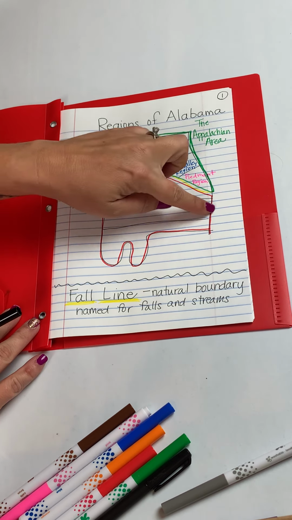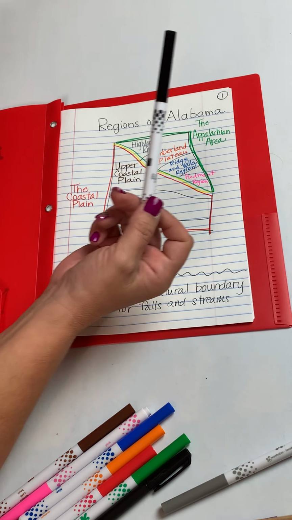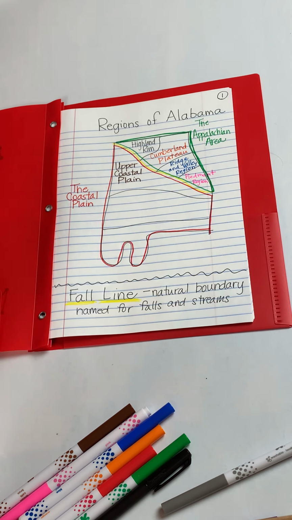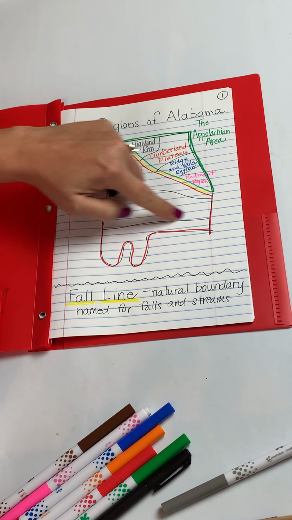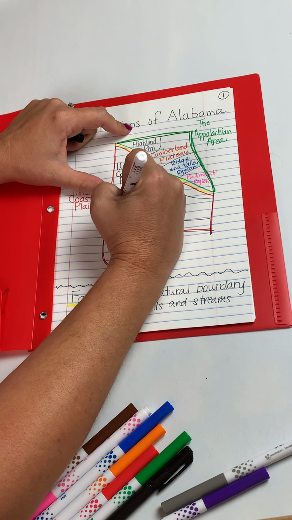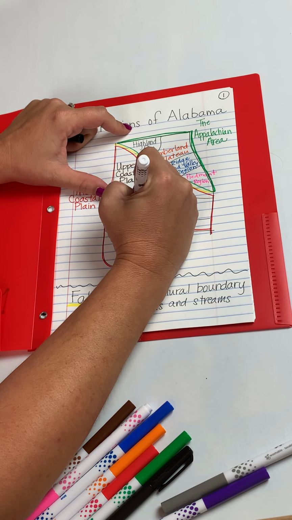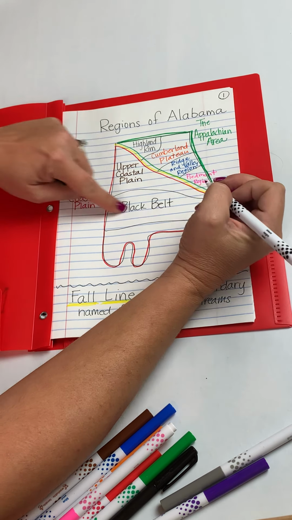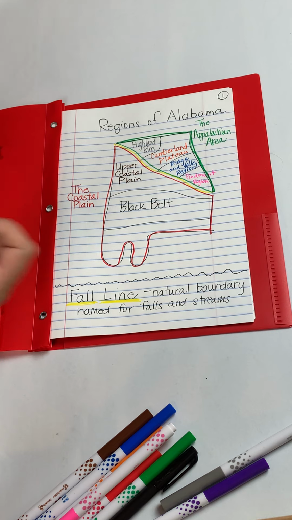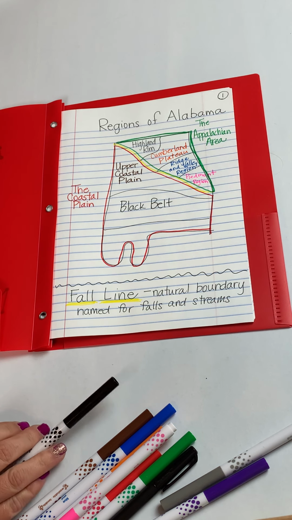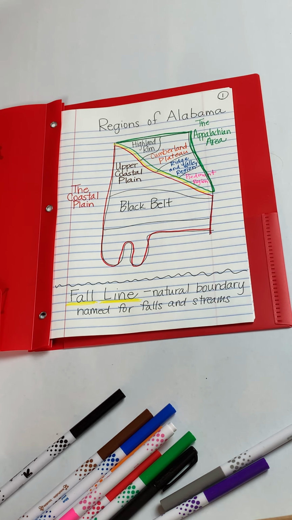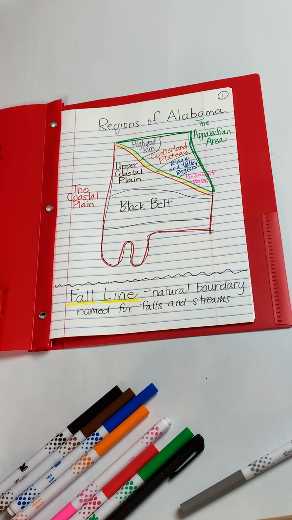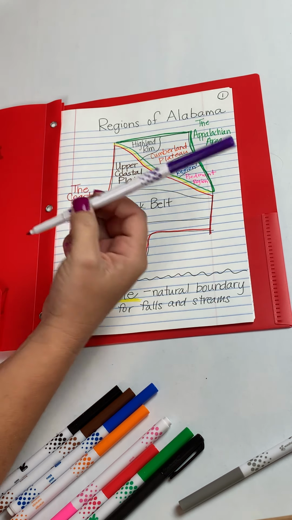Right, this middle section here, we're going to use our black marker. This region is called the Black Belt. See what I did there? The Black Belt region. We're going to use a black marker. And finally, on the bottom, we're going to go ahead and use our purple.